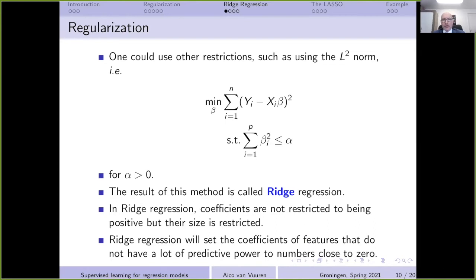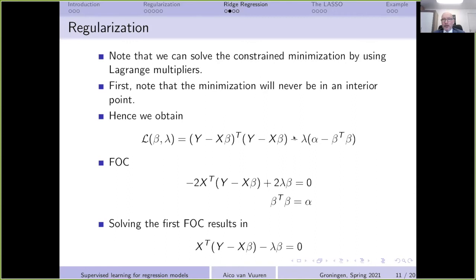So what I'm going to do is bring this to the other side, and we get alpha minus the sum of the beta i squared. That is of course equal to beta transpose times beta. So therefore we get minus lambda multiplied by alpha minus beta transpose times beta.